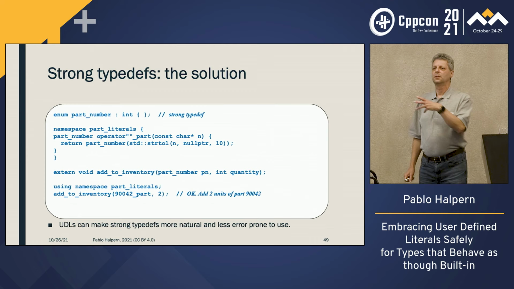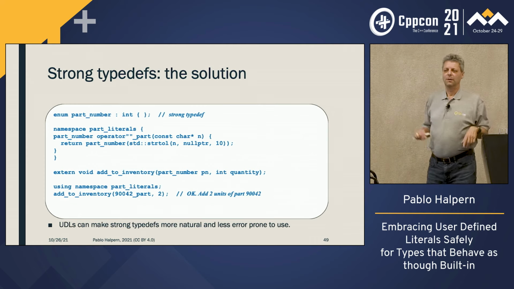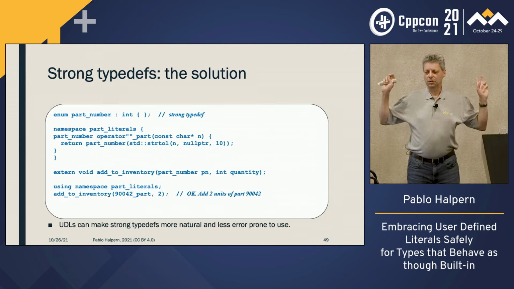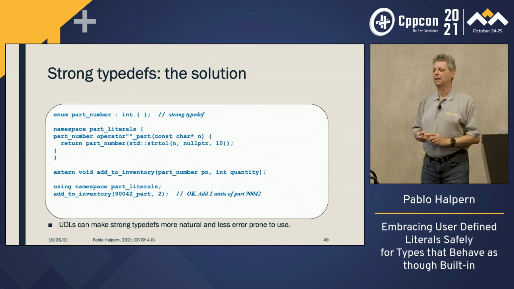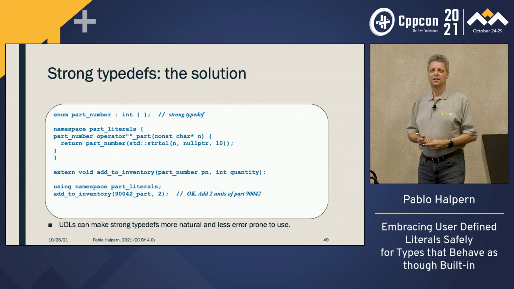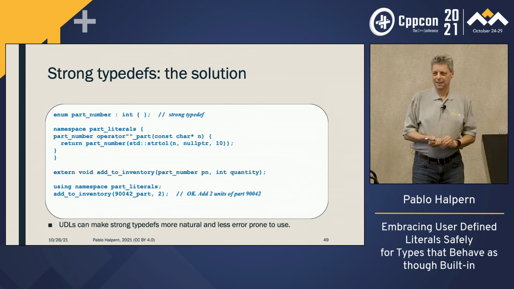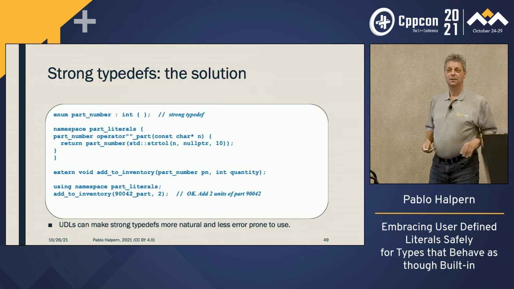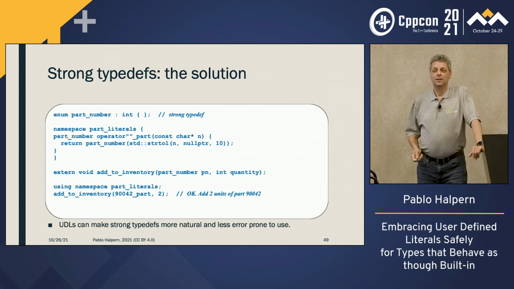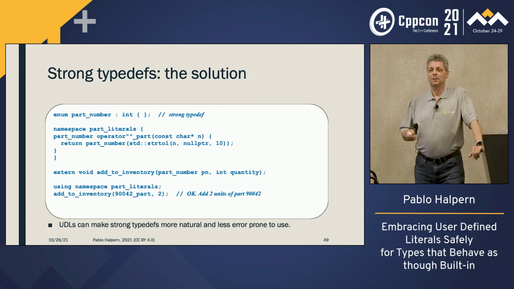So the solution is to use one of the various formulations of strong typedefs that people have come up with. In this case, the new one makes a nice strong typedef for integer-like types. So our part number is no longer an int, but it's something that's very much like an int, right? You can cast it from and to an int.